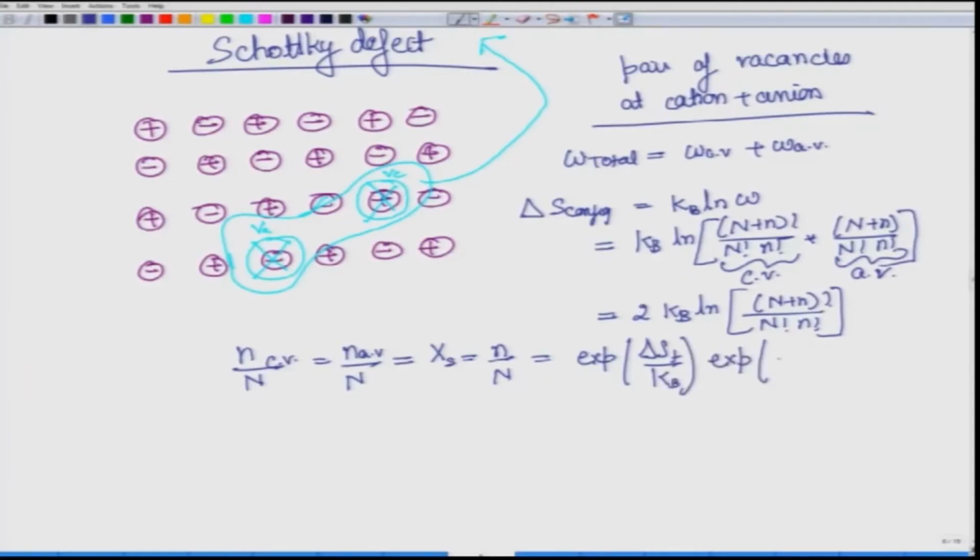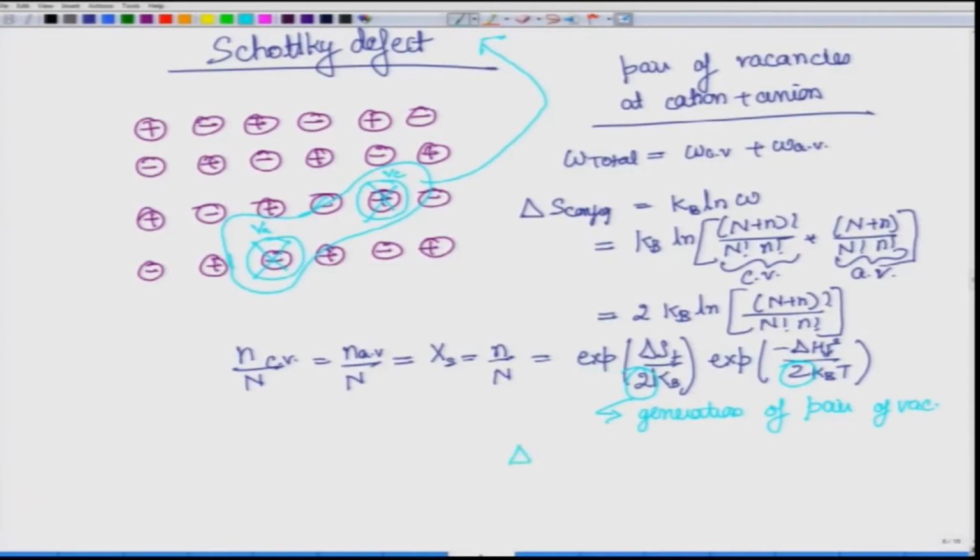exp. So, there is a 2 over here, minus delta HF Schottky by 2 KBT. Just like in the previous Frenkel defect, when we were describing it, there is again a factor 2 over here, and that factor 2 represents generation of a pair of vacancies.